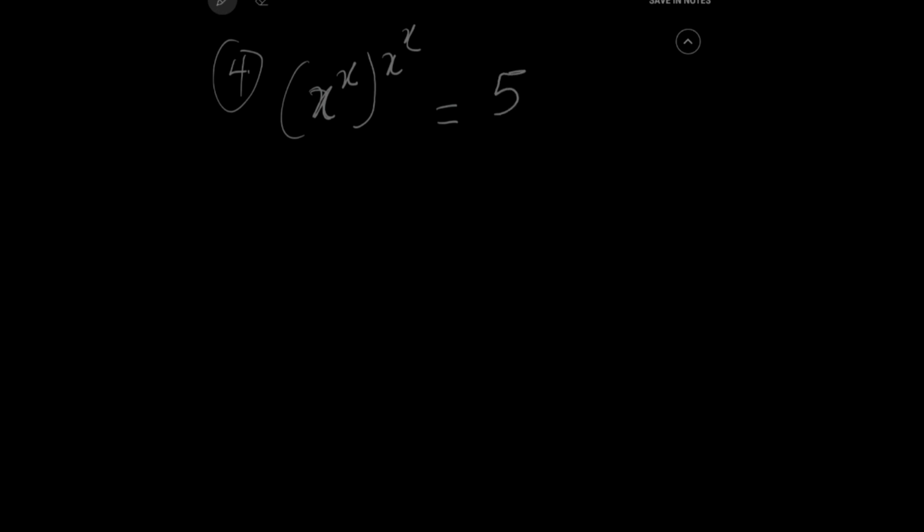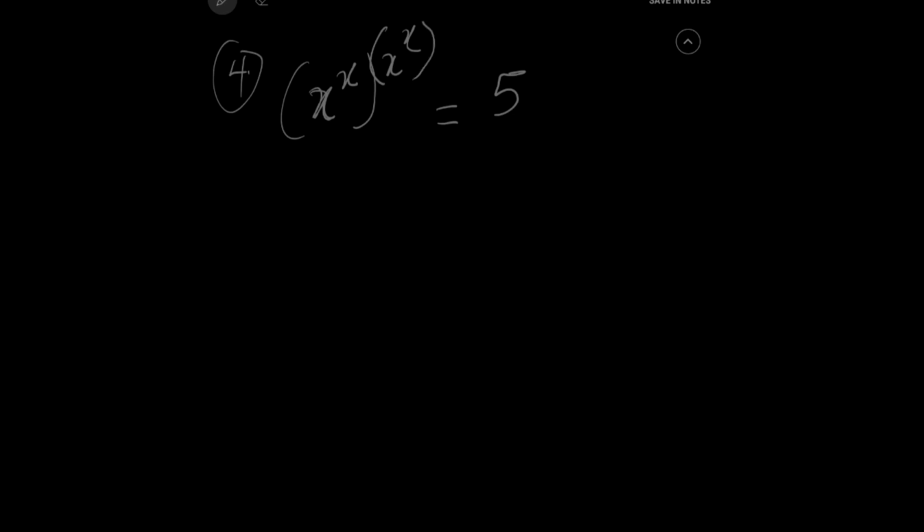Okay, so our last example, number 4, we have this x power x all raised to the power of x power x equals, let's say, just picking a random number, let's say 5. Okay, so you can try this question out.